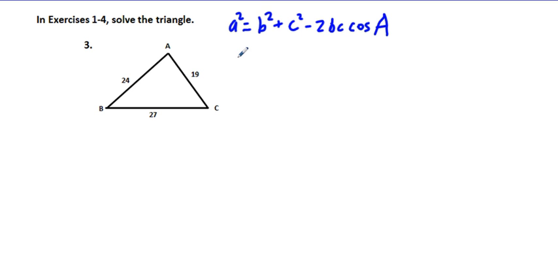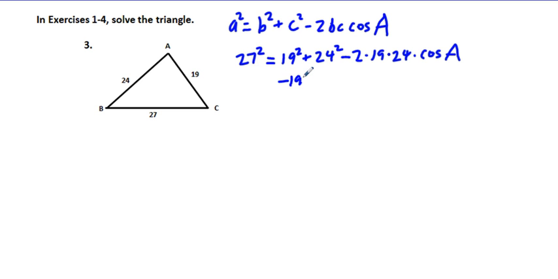So we have 27 squared, which is side a squared, equals b squared, and b squared is 19 squared, plus c squared, which is 24 squared, minus 2 times 19 times 24 times cosine angle A. So we're going to solve for cosine A by subtracting 19 squared and 24 squared from both sides of the equation.